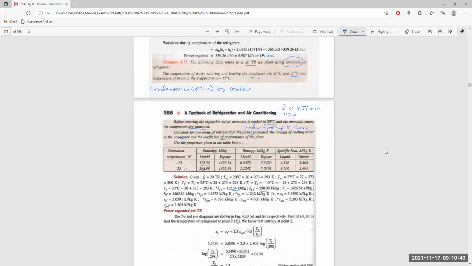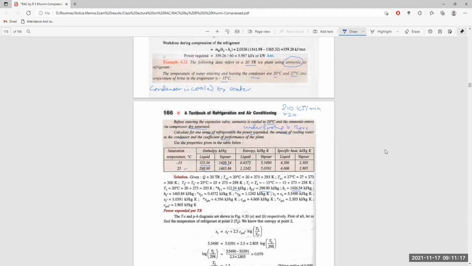So H1 is the enthalpy at entrance, when we decide it is fully dry. Ammonia is fully dry at the point of entrance to the compressor, that is at H1. So it is given by the enthalpy of the vapor, 1426.54 kilojoule per kg.